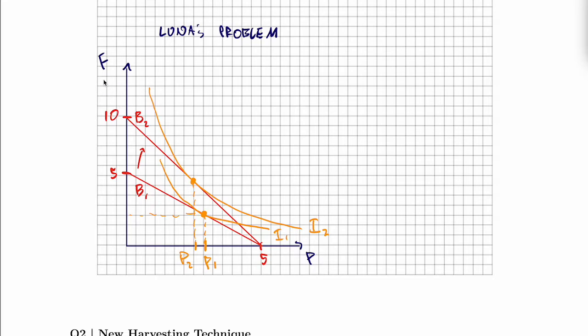So frogs have become a better deal relative to what they were before. We're going to switch towards buying more frogs from buying more pasties.